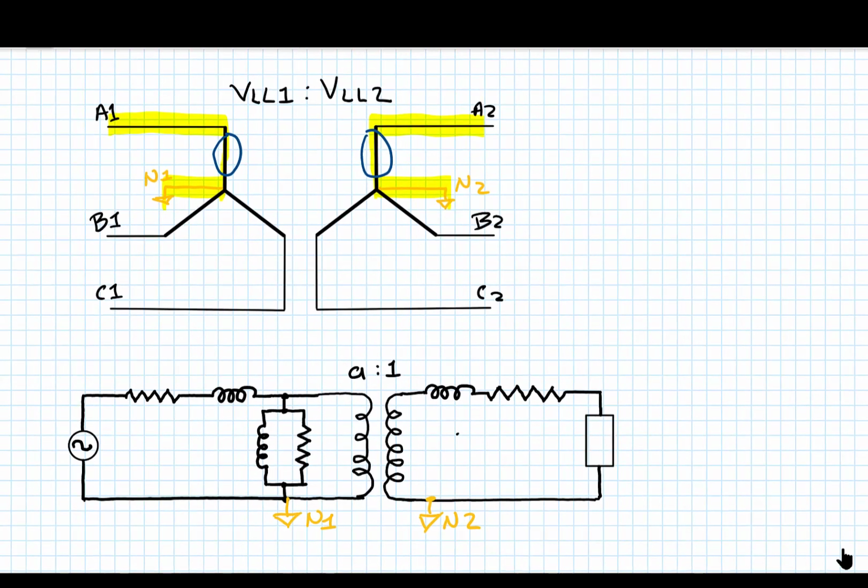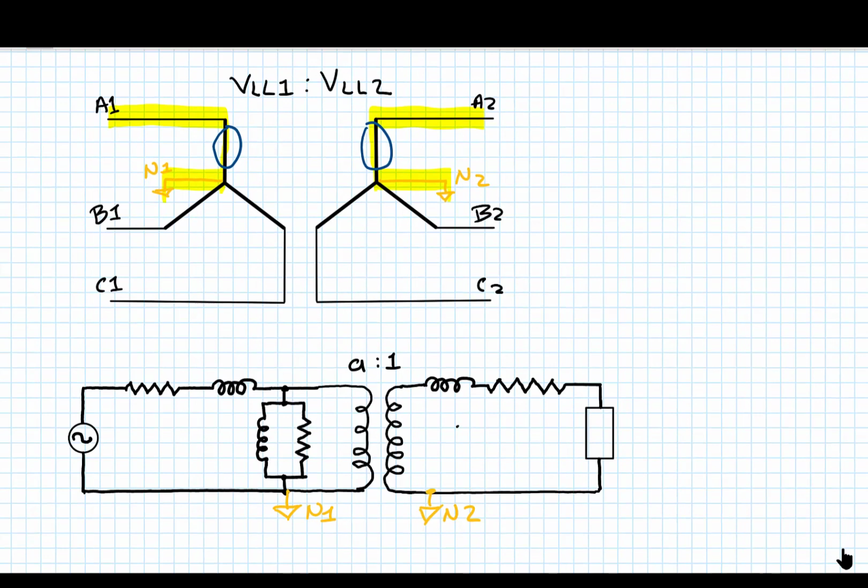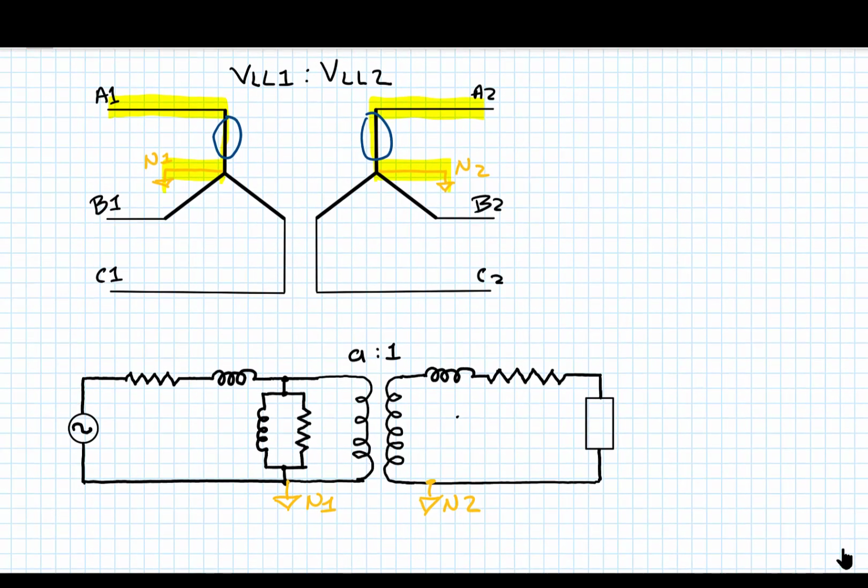So I can just analyze one of the phases, and what I learn on this phase applies to all three phases equally. So I have initially a system where there's a line-to-line voltage on the primary side, the actual line-to-line voltage, and there's an actual line-to-line voltage on the secondary side.